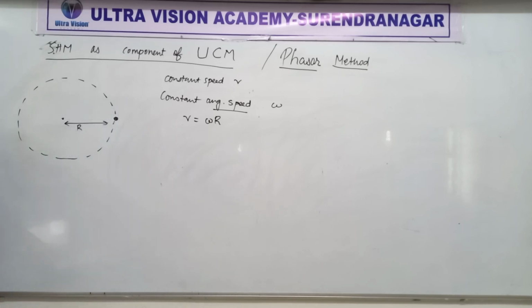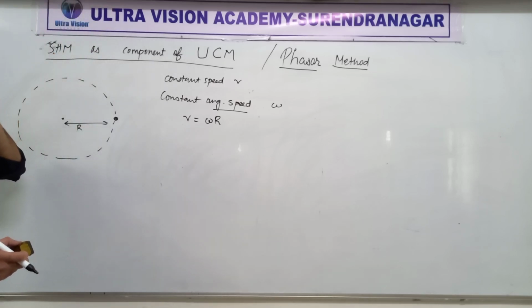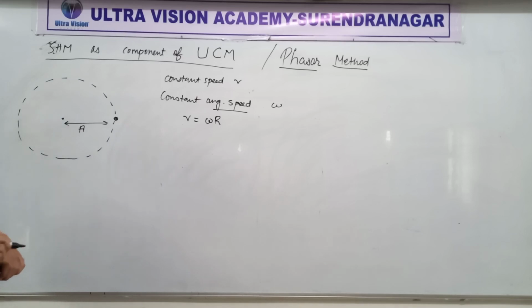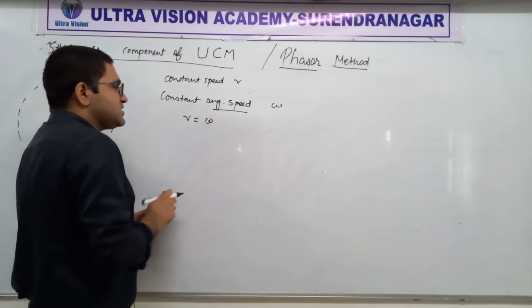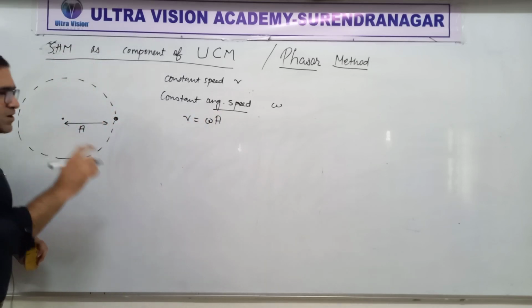But instead of thinking of it in the form of a circle of radius R, here we are going to say that suppose this is capital A. So instead of this, I get v equal to omega A. Again, watch it carefully.